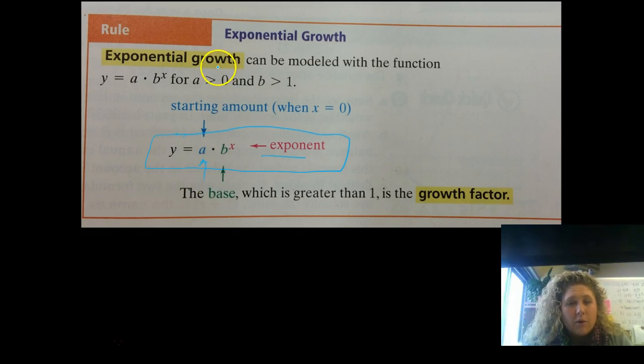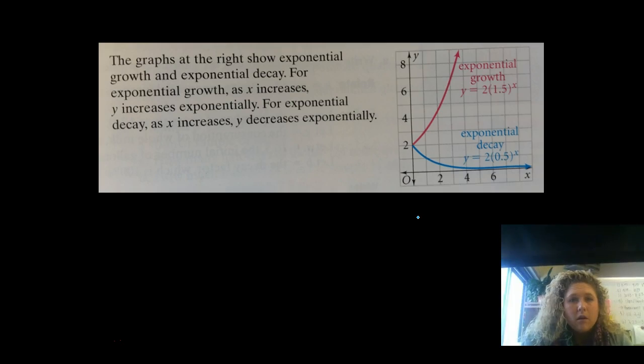When we talk about growth, it's important to understand that the base for growth is going to be greater than 1. So that is going to be considered your growth factor, your B value. But when exponential growth, your base is going to be greater than 1. If we take a look, we're just going to look at the pink graph here to start.